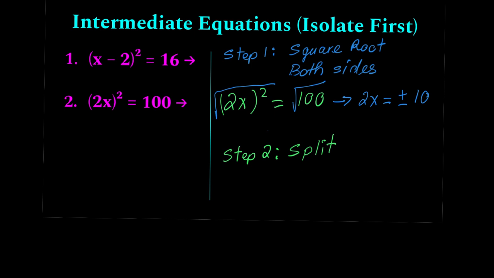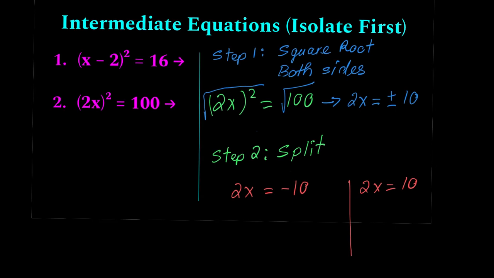Now we're going to split. On one side we're going to write 2x equals negative 10, and on the other side we're going to write 2x equals 10.